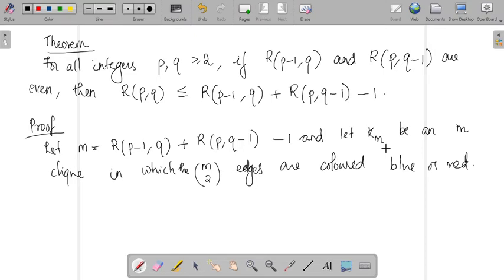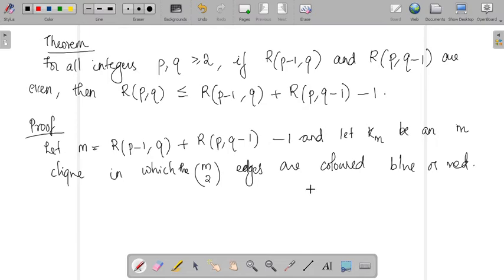When we say m-clique, that will be a complete graph. So in a complete graph the total number of vertices will be m. So the number of edges: you need to choose any two vertices at a time, so the number of edges is going to be mC2.